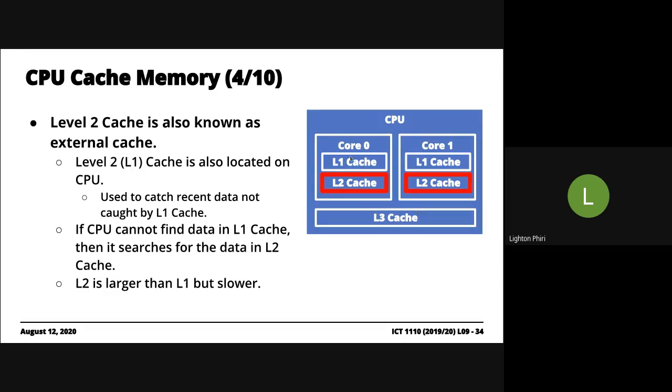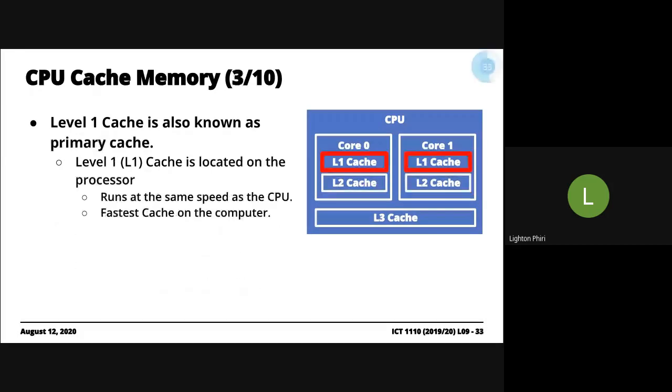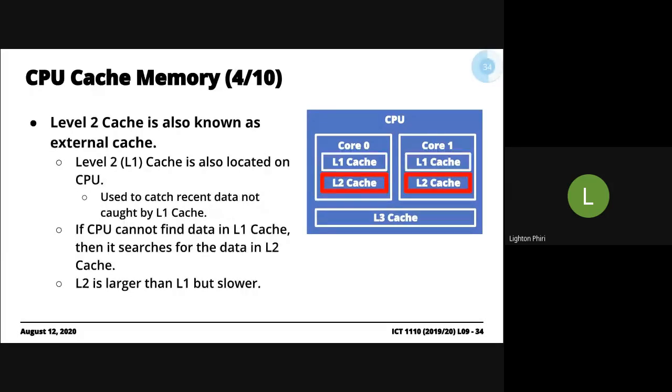So the idea really behind this sort of CPU caching is that you have different levels of cache. When you're dealing with level 2 cache, the idea is if the CPU cannot find what it's looking for in level 1 cache, it will check the next level, which is level 2 cache, right? And hopefully it will find what it's looking for.